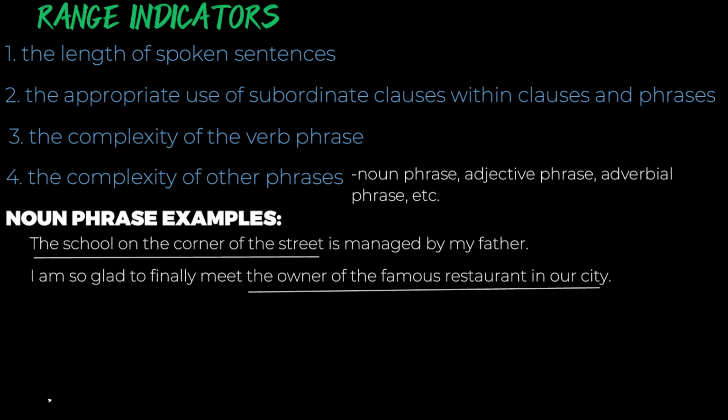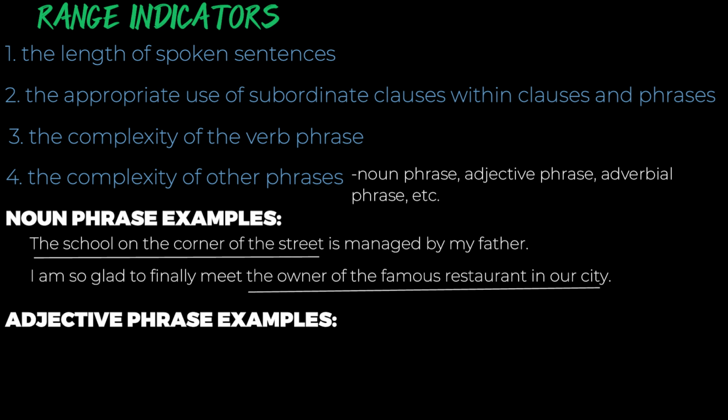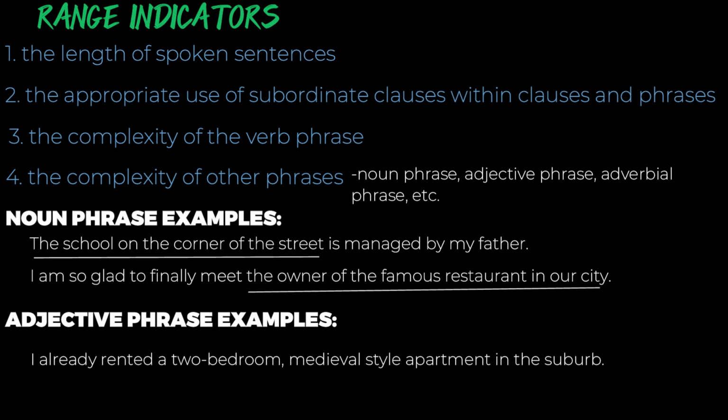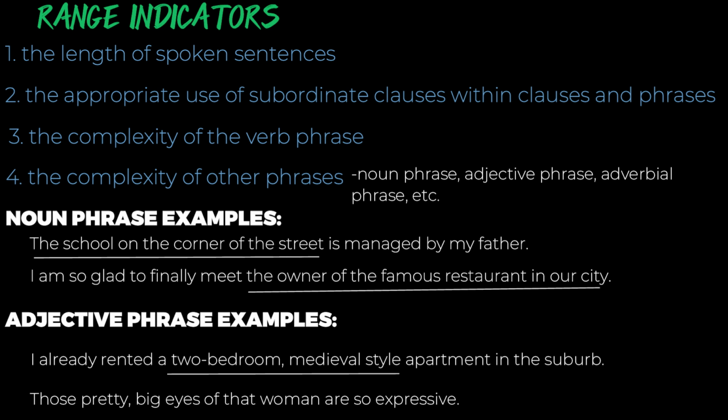Let us have adjective phrase. For example, I already rented a 2-bedroom medieval style apartment in the suburb. So the adjective phrase here is a 2-bedroom medieval style. Another one. Those pretty big eyes of that woman are so expressive. The adjective phrase here is pretty big.